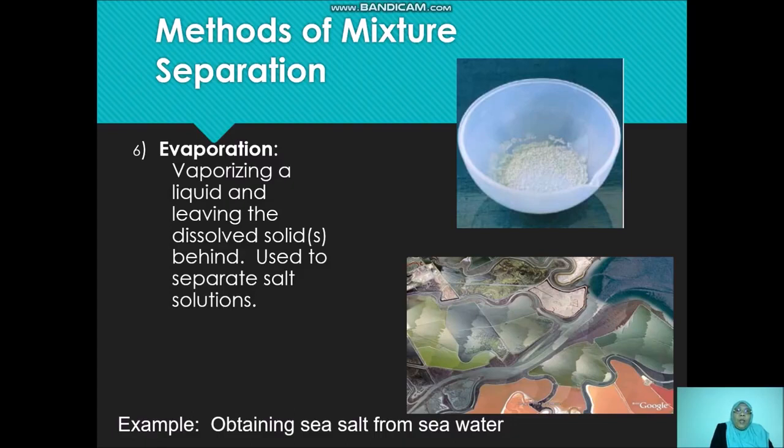If you evaporate the water, the rest becomes salt. So this method of mixture separation, evaporation, removes water from the solution. An example in daily life is obtaining sea salt from seawater. Here is the figure of the salt farmer.